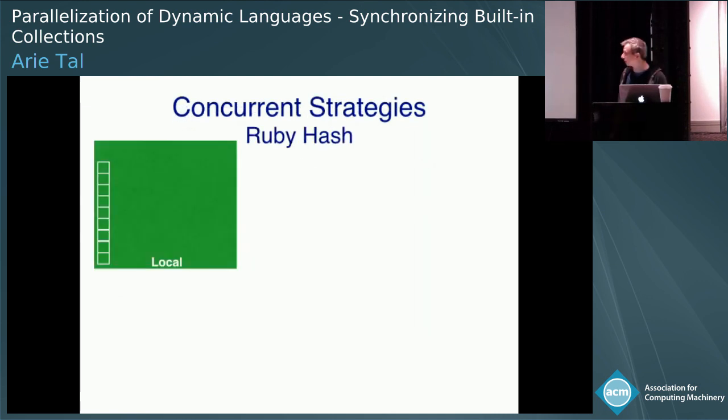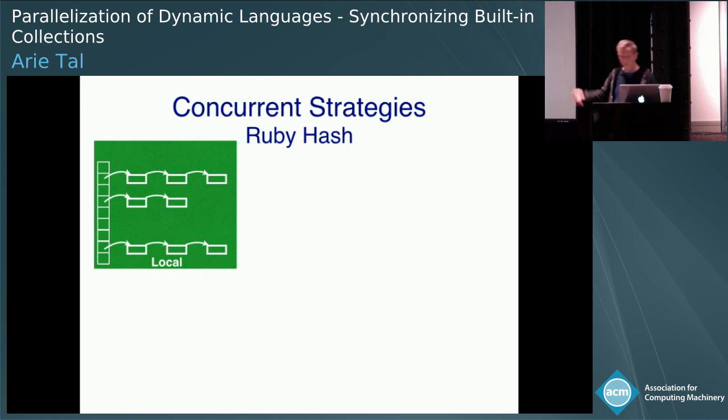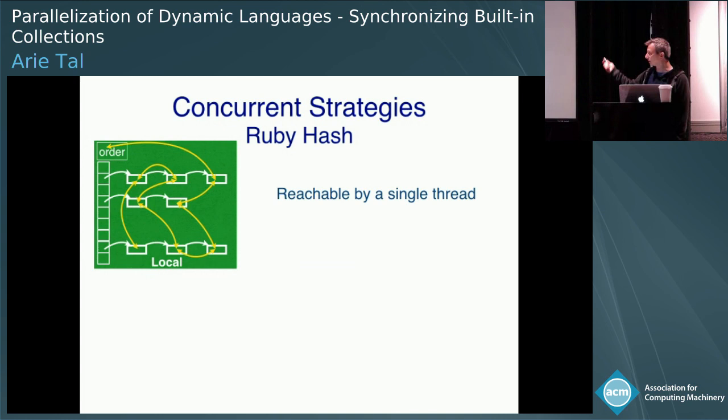Let's take a look at the hash. So the hash in Ruby is implemented as a bucket array, like a regular hash with a dangling list of elements. But it also contains a doubly linked list that maintains the insertion order. That's part of the Ruby specification for hashes. So as long as it's reachable by a single thread, we don't have to worry about it.